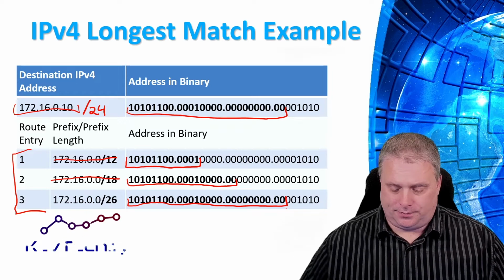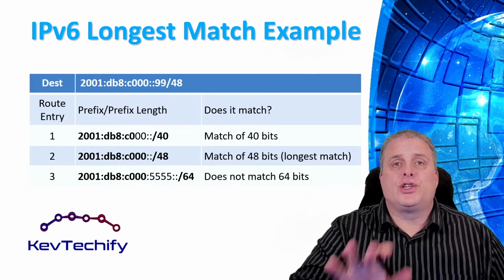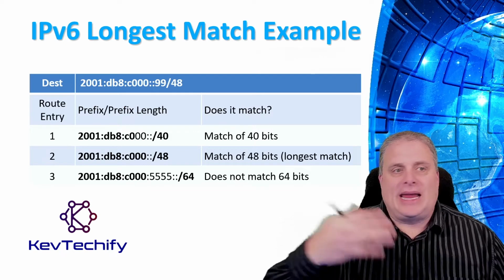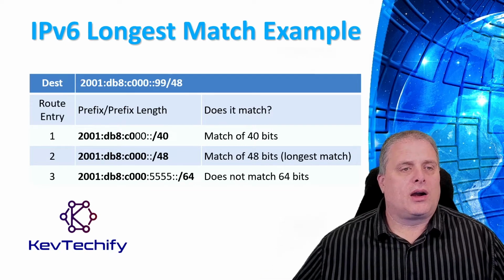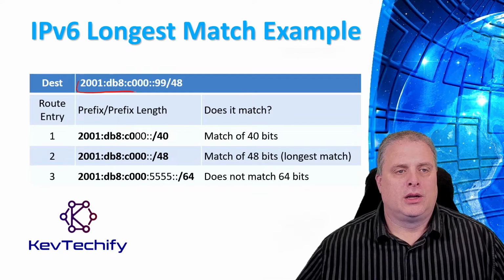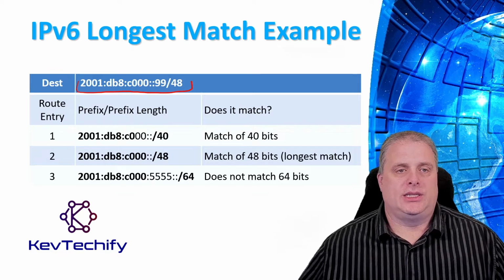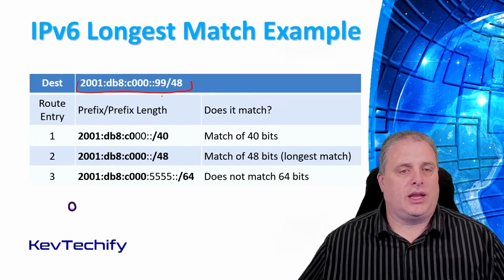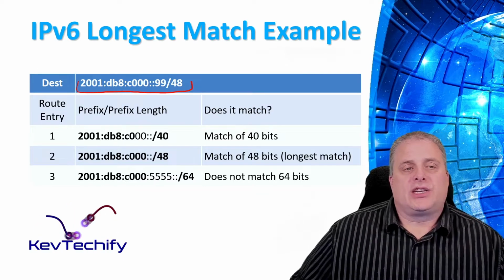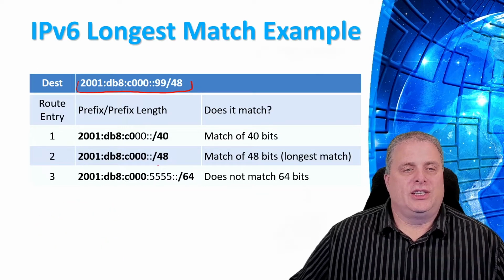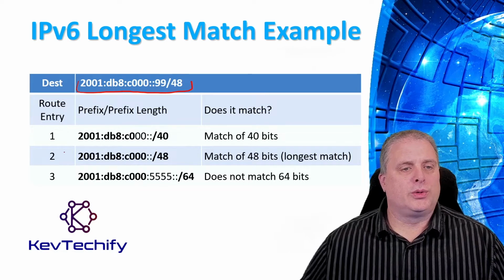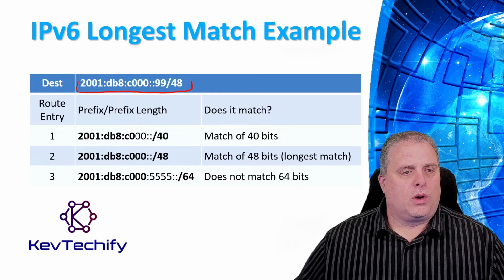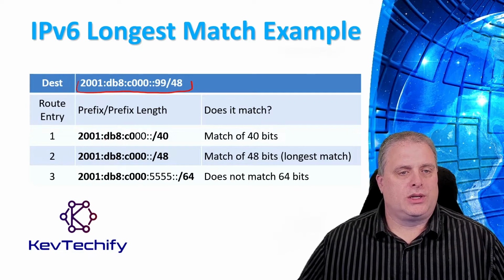Here's an IPv6 example. Same rules apply. We have our address right here: 2001:DB8:C000:99, and then it's a /48. We can look at these entries. Routing entry 1 is 2001:DB8:C0.